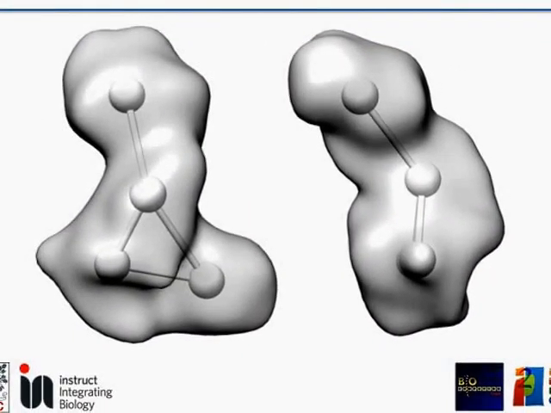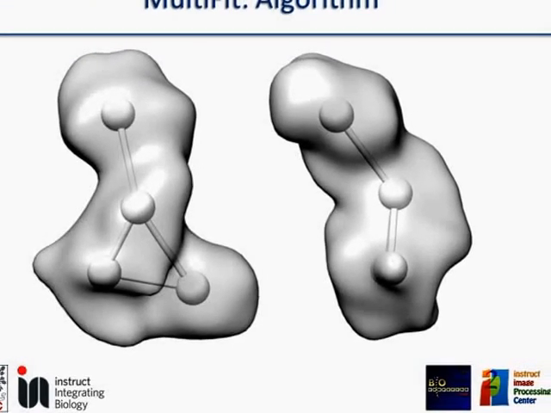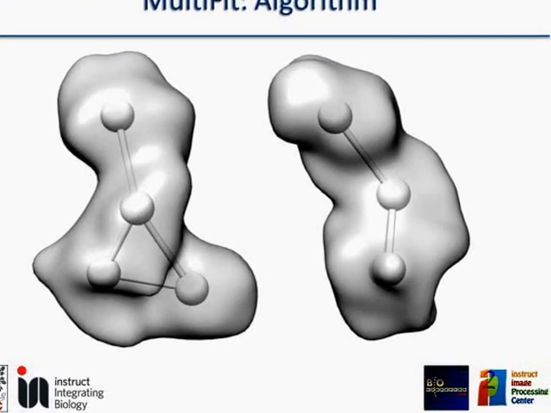Okay, so now let's explain a bit the algorithm so we can know what the different parameters are. The first thing that MultiFit does is generate a graph. It's called the anchor graph. The nodes of this graph are related to regions of the map. This is important because here we can see that the graph has 4 nodes.